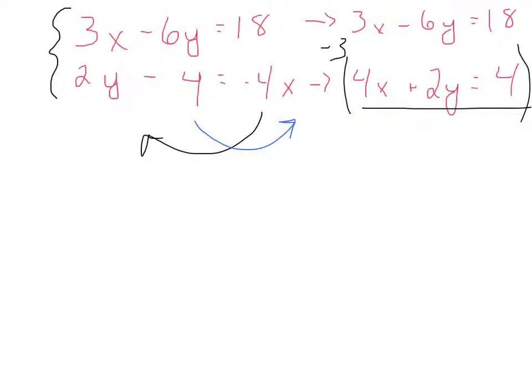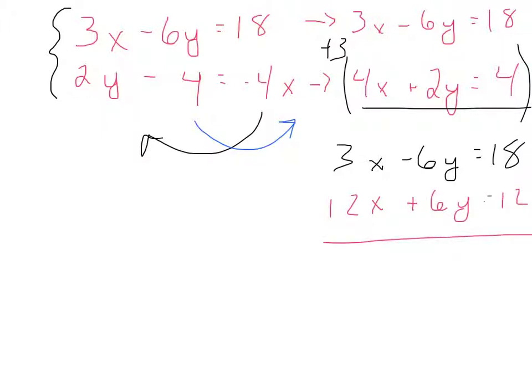I just realized I should be multiplying by a positive 3 rather than a negative 3. This way, I'll have a 6y, which will be the opposite of the negative 6y right above it. So in the top I have 3x minus 6y equals 18. My bottom equation becomes 12x plus 6y equals 12.